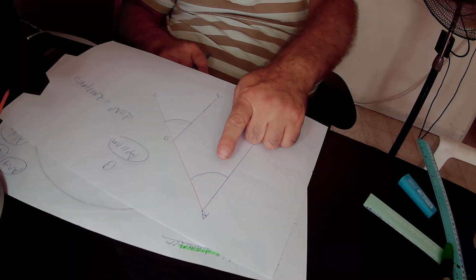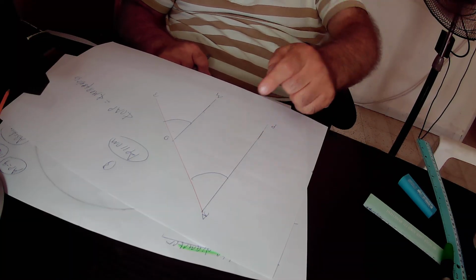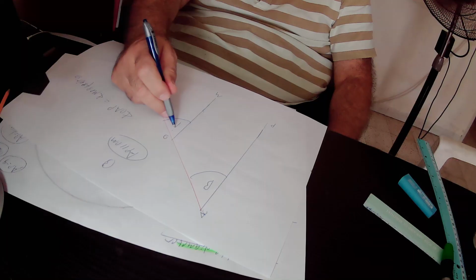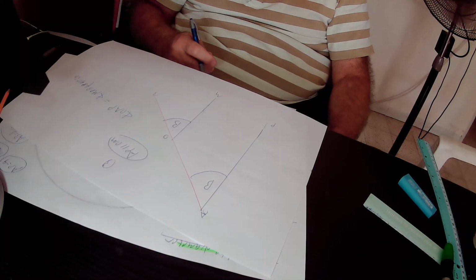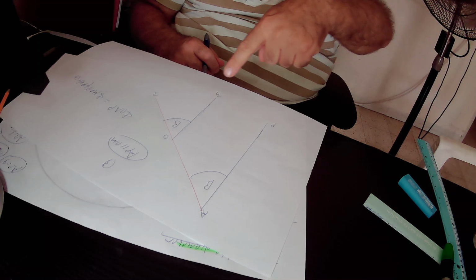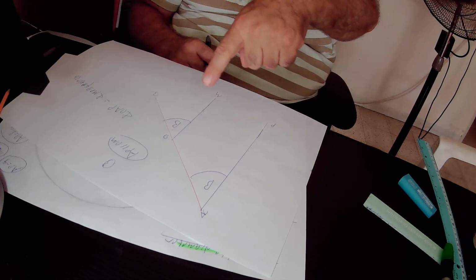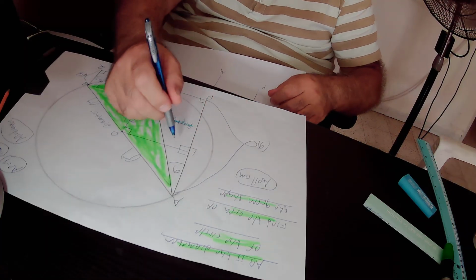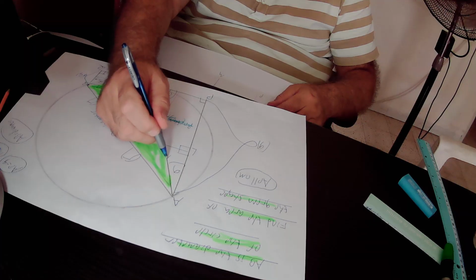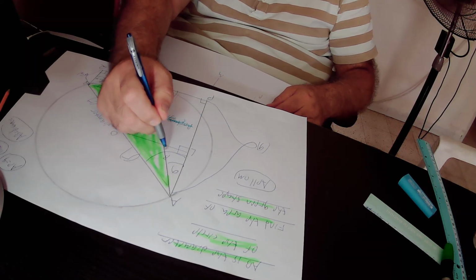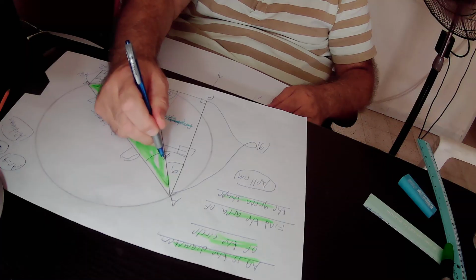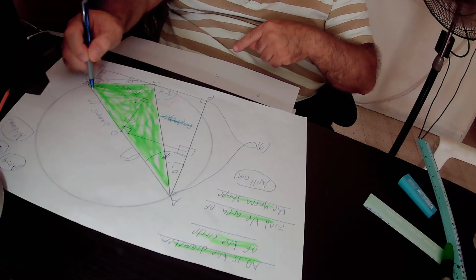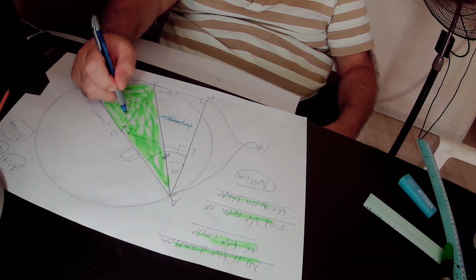So if we define the size of this angle as beta, then the size of this angle must also be equal to beta, because they are equal to each other according to Rule 50. So angle OAP equals beta, and angle BOM equals beta also. This is angle OAP, which equals beta, the big angle beta. And this is angle BOM, which also equals beta in size.